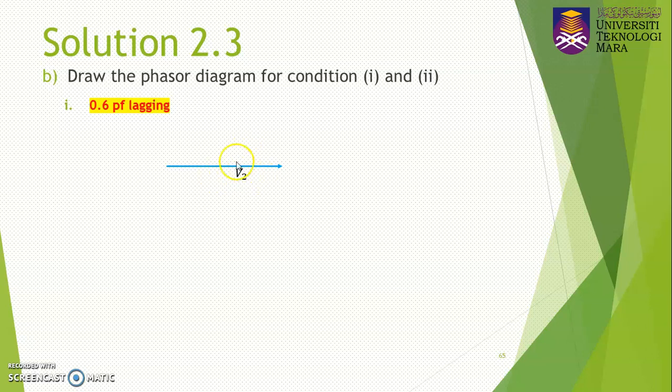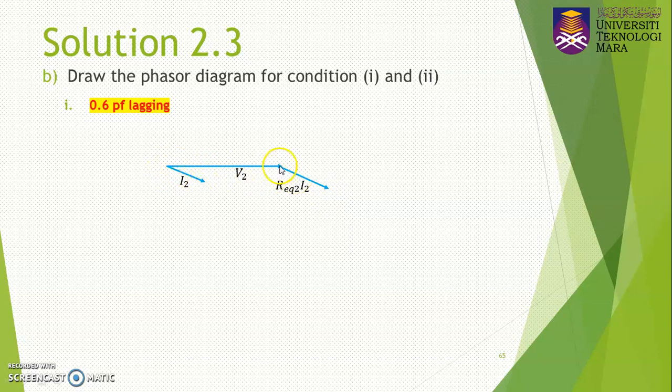So first you draw the V2, and then you draw your I2. In this condition, because it is a lagging condition, the I2 lags the V2. After that, we can draw the R equivalent 2 multiplied with I2, where this phasor is parallel with the I2 and has the same angle.